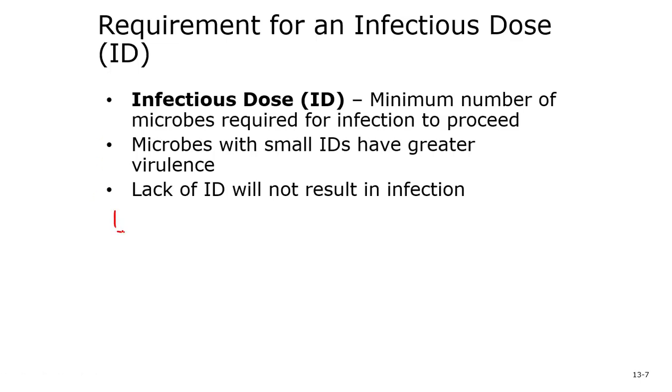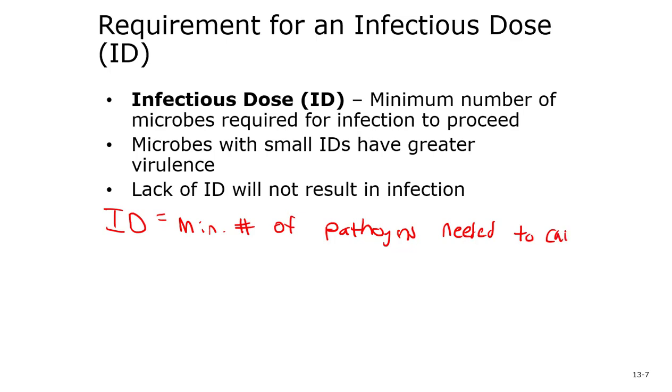The infectious dose. This is important. This is the minimum number of pathogens required to cause illness. And typically, the lower the infectious dose, the more easily the infection can spread.